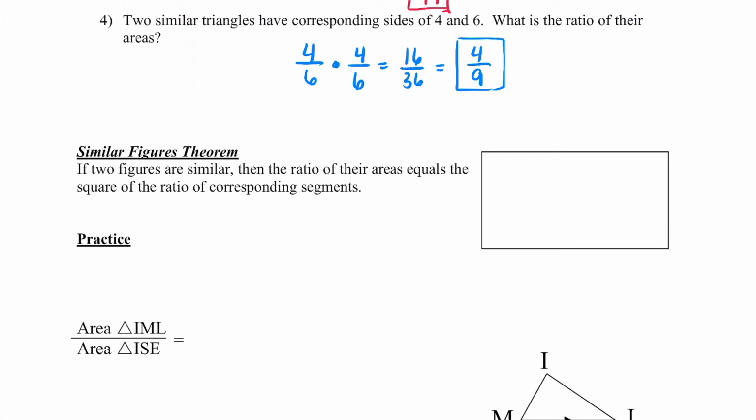So if we call the one triangle, triangle 1, the other similar triangle, triangle 2, the area of triangle 1 to the area of triangle 2 is equal to side 1 over side 2, the ratio of corresponding sides squared. And when you square a fraction, you square the top number and you square the bottom. And that's our rule. All right, so let's look at a couple of examples.